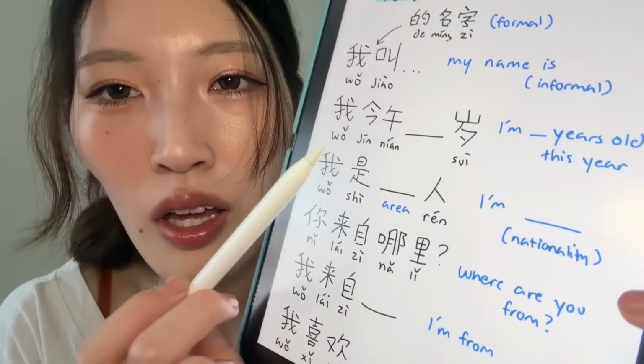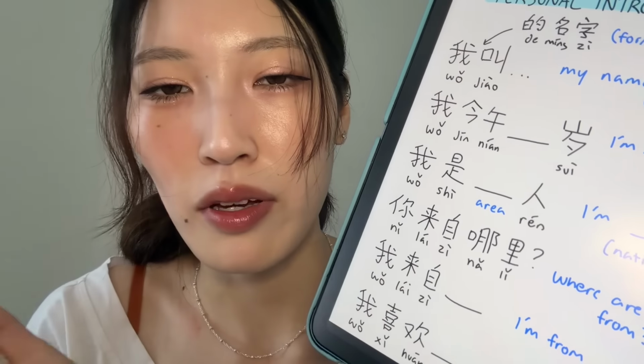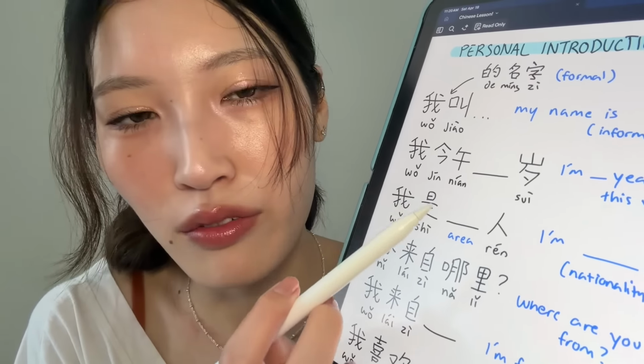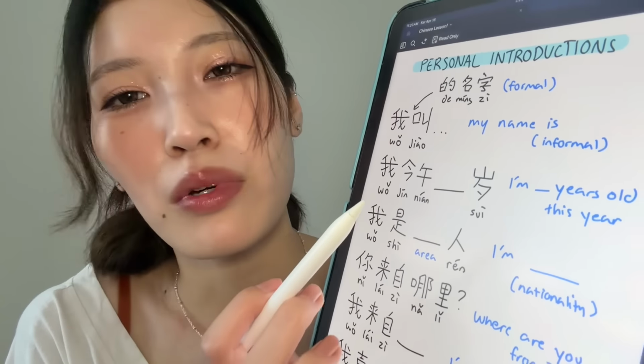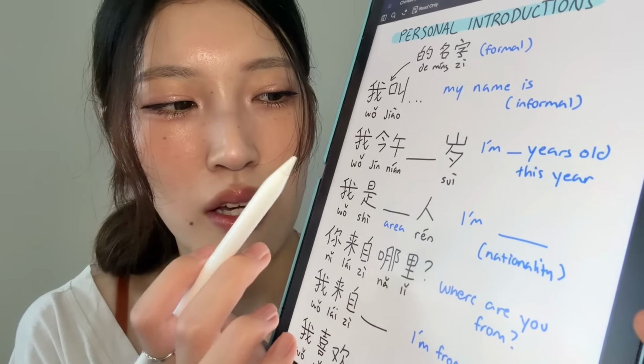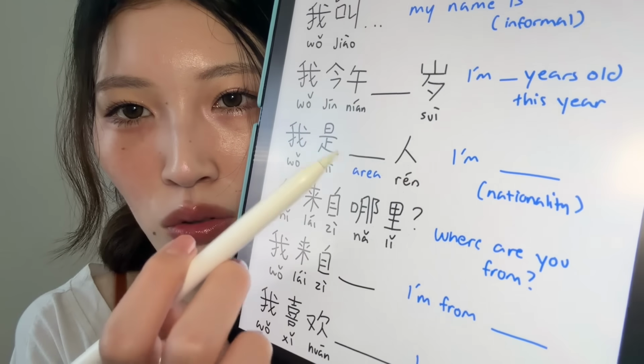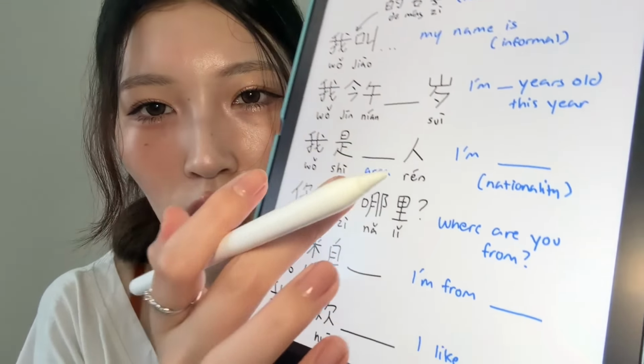So if we just plug in your country or area, you can say this about your city too, just about where you're from basically, but most of the time it is nationality. So for me, I could say 我是中国人 because 中国 refers to China.